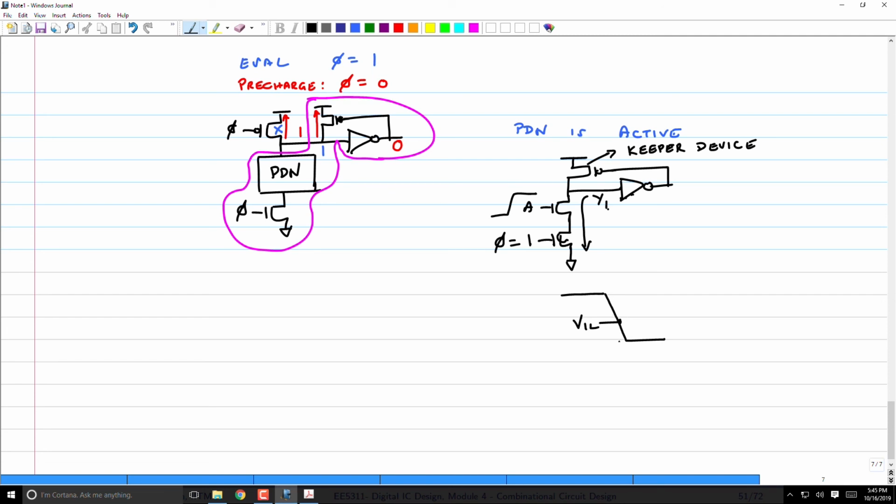At this point, the inverter will trip and the output will go to logic 1. So this is Y1, this is Y2. The moment Y1 crosses VIL, Y2, which was basically 0, will now flip and go to logic high, thereby turning that keeper device off.